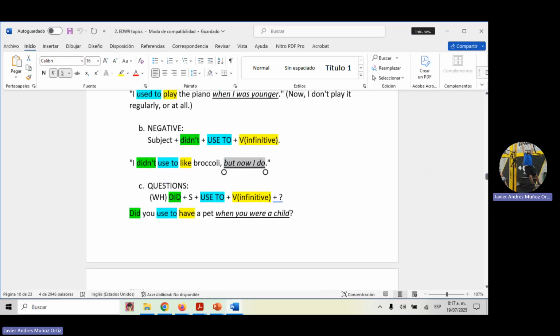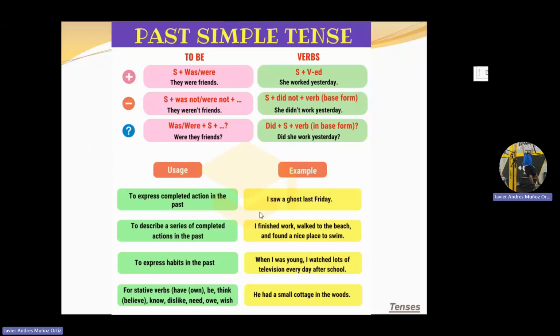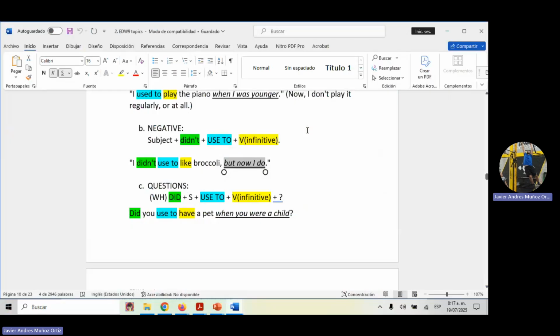What about questions? Let's go with the parallel with simple past tense. In simple past tense, to create questions, we used the auxiliary verb at the beginning of the question, right? And the main verb, once again, was in its infinitive form without any change, right? We're going to do something similar here.